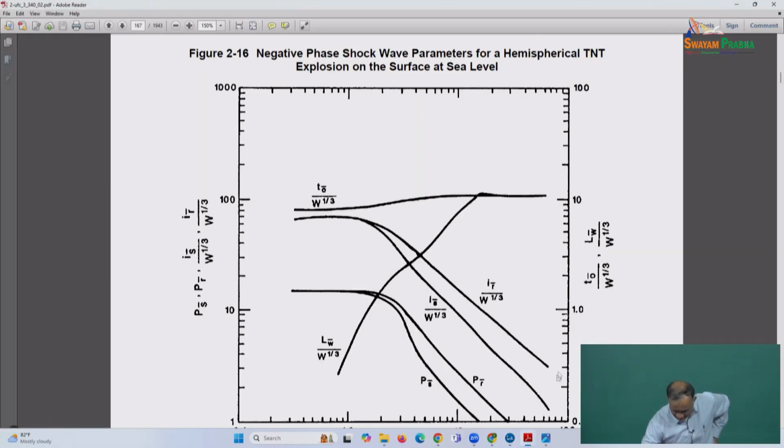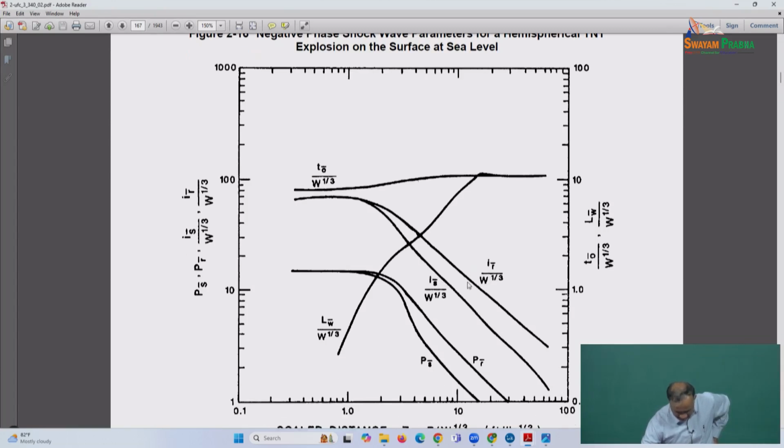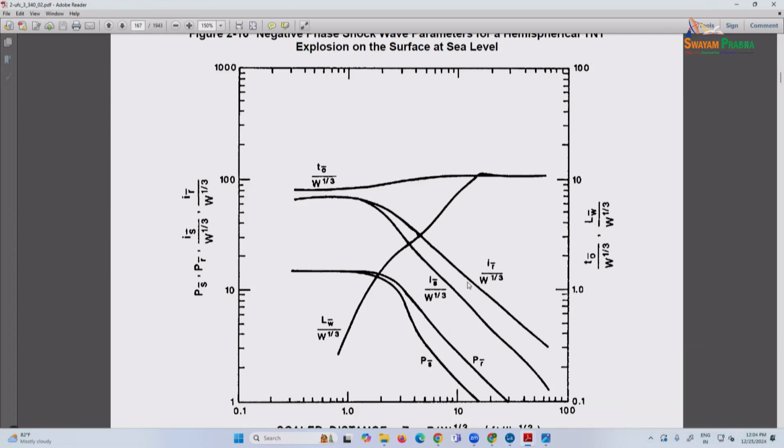If you see here, you have IR alpha negative, divided by W to the power 1/3, comes to 10 point something. Let's say roughly around 70.